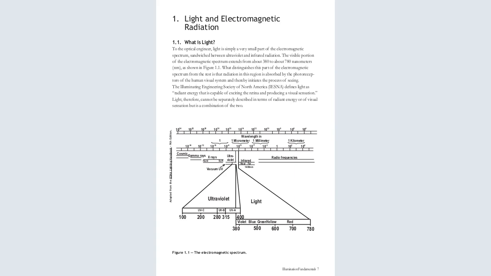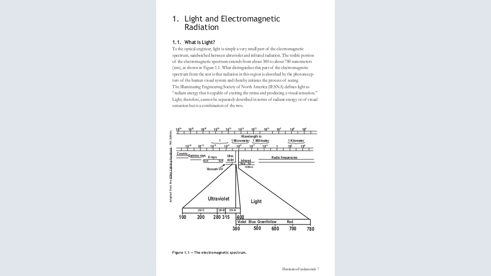And what is light? Light is simply a very small part of the electromagnetic spectrum, sandwiched between ultraviolet and infrared radiation. So the visible portion of the electromagnetic spectrum extends from about 380 up to 780 nanometers.